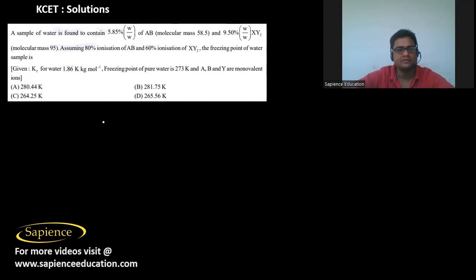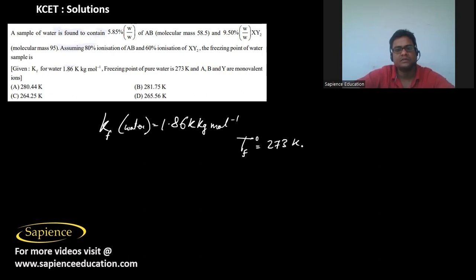So Kf value for water is 1.86 Kelvin kg per mole, and the freezing point of pure water, it means Tf naught, is 273 Kelvin, and A, B, X and Y are monovalent ions.